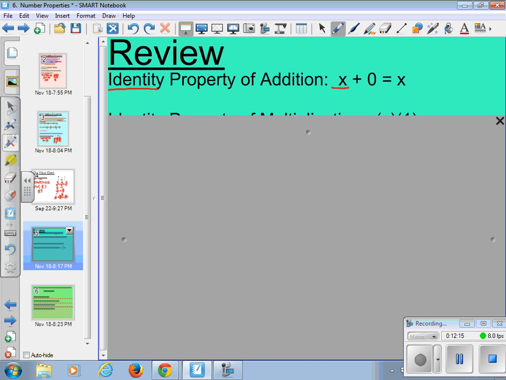The only number that's possible to add is 0 to keep the same number. So x plus 0 equals x. This holds true for any number. If I have 1 plus 0, my 1 still keeps his identity as 1. If I have 2 plus 0, my 2 keeps his identity as 2.